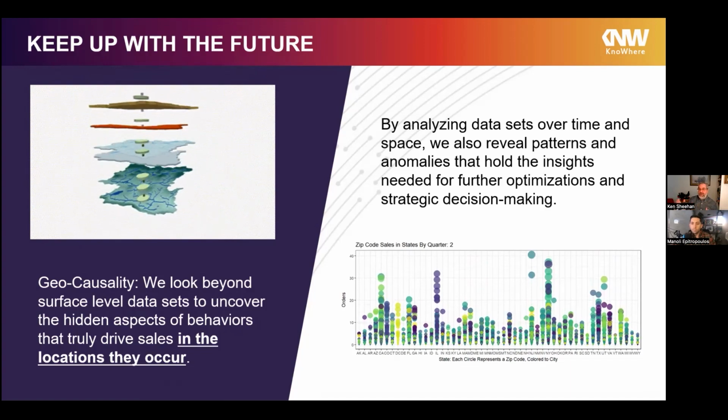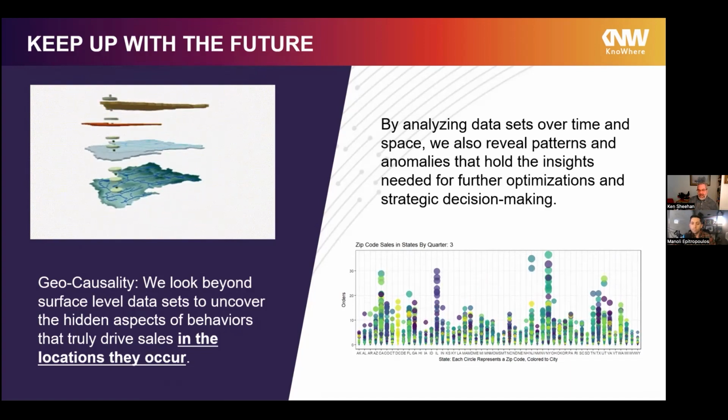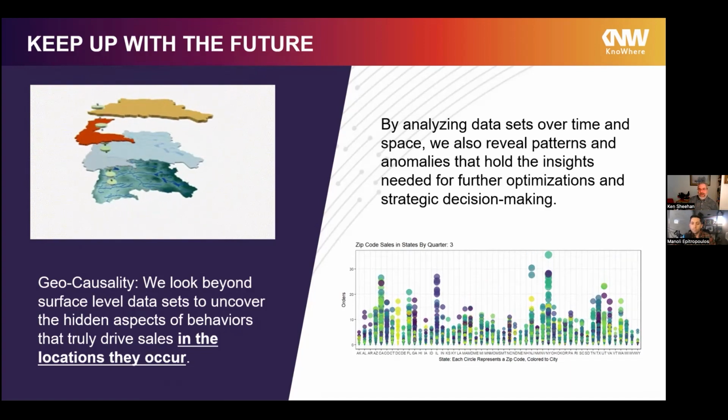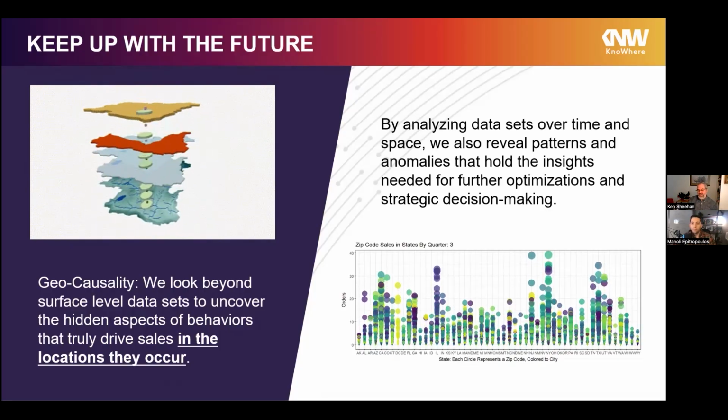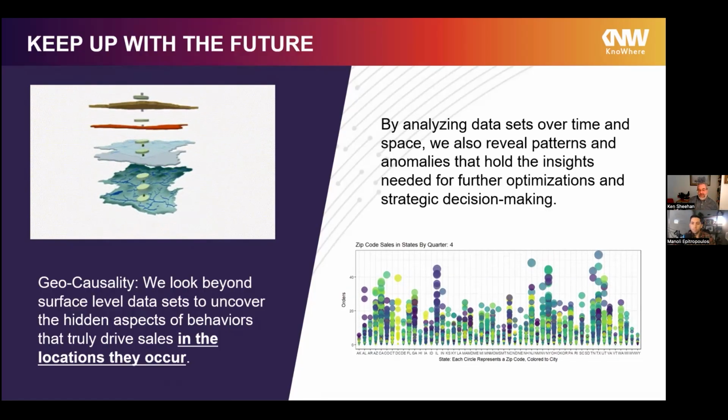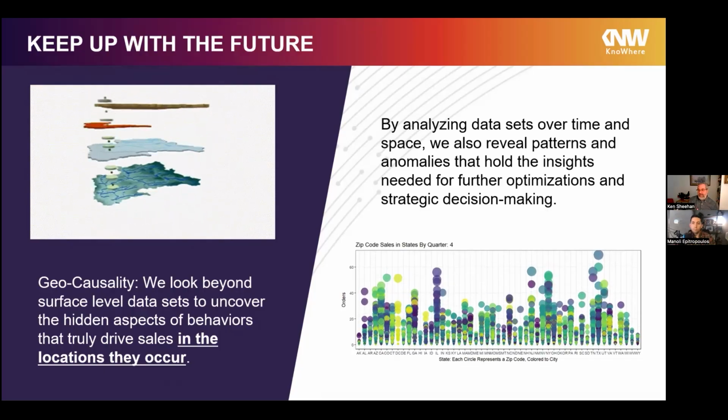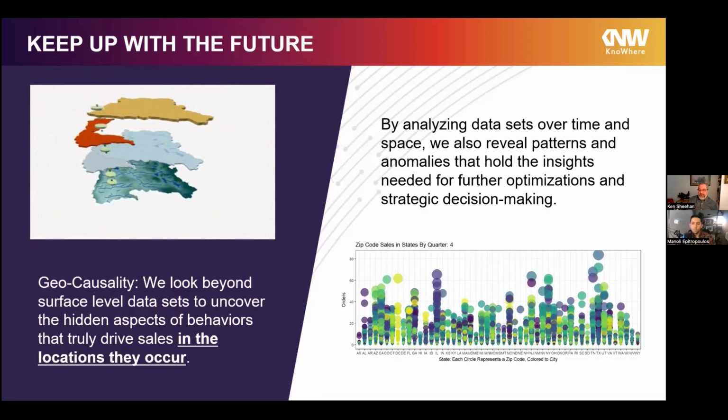But then there was a nice rebound afterwards. So understanding the ability of certain things, independent of demographics, to potentially influence your sale is also really important. And we use atypical data sets all the time, things that are not often used in marketing.